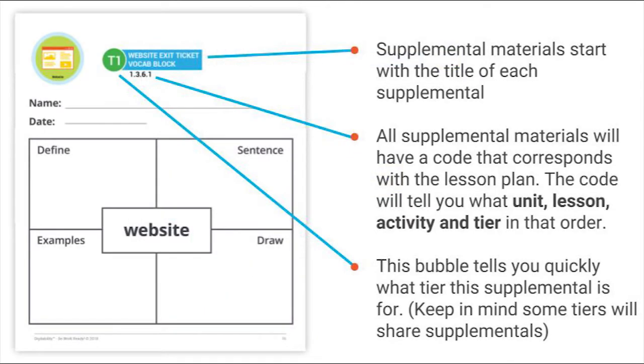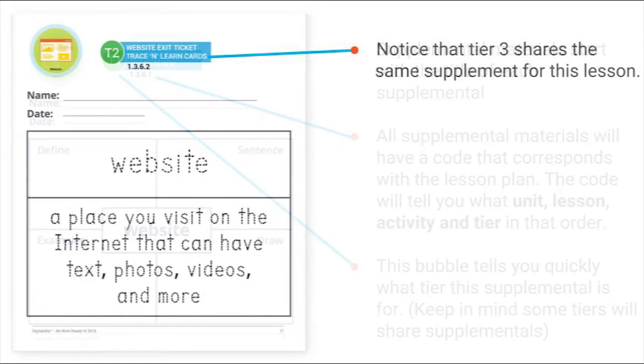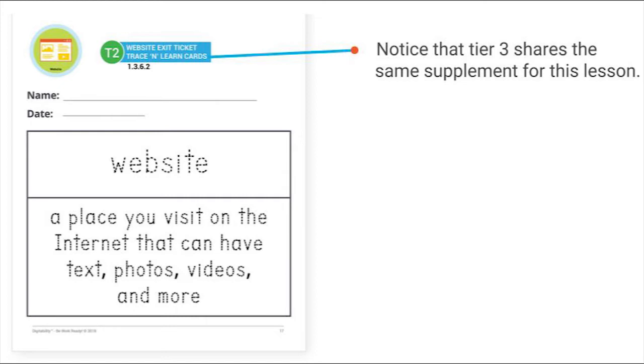We're now looking at a Tier 1 exit ticket for this lesson. You'll recognize that this is a Tier 1 resource because that bubble at the top says T1. Here's the Tier 3 exit ticket for the website lesson.